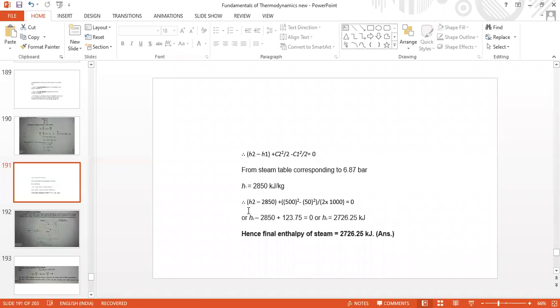Now I put a question after completion of this problem. What do you mean by a steady flow? I put the same question in the earlier class also. Constant flow, sir. Again, add some more with some equation form.